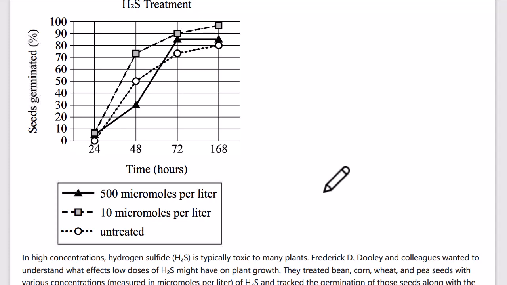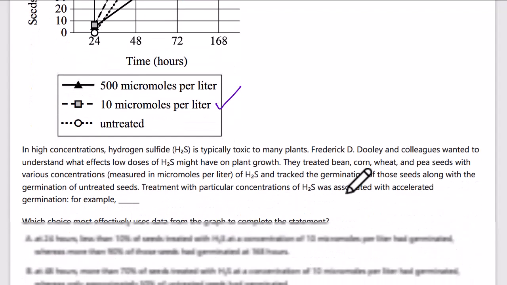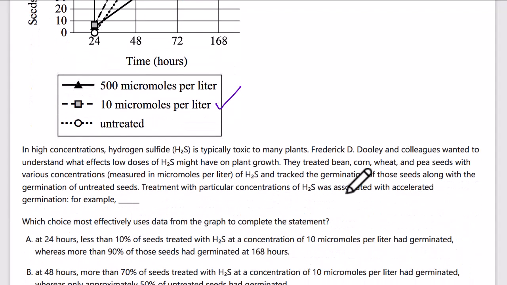The low concentration seems to improve the best. And the high concentration at first is worst. So let's see what's going on here. In high concentrations, hydrogen sulfide is typically toxic to many plants. Okay, that's why the high amount was bad, toxic.